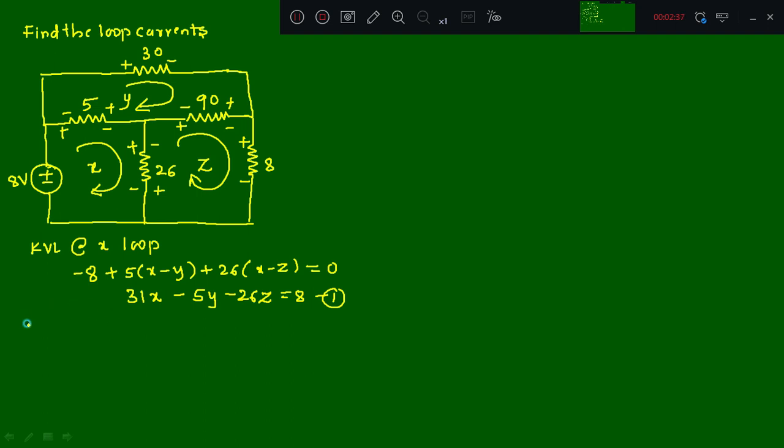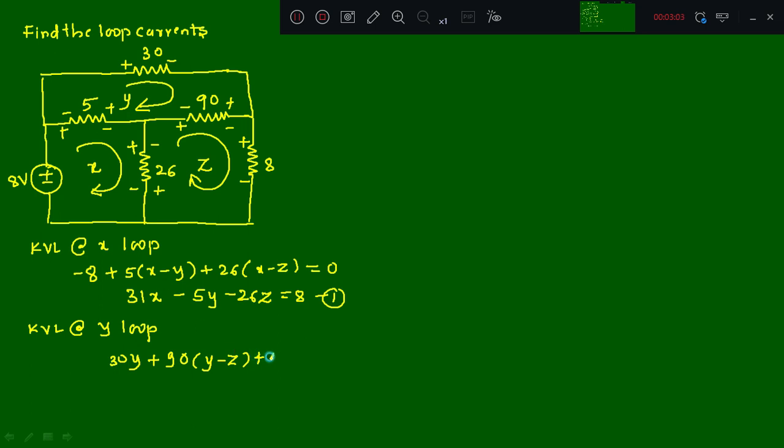Right. Similarly, KVL at Y loop. Start from this point. Entry sign 30Y. Then here it's 90, but it is sharing with Y and Z, right? So therefore 90 times Y minus Z. Then one more resistor here 5, but it is sharing with the X, right?